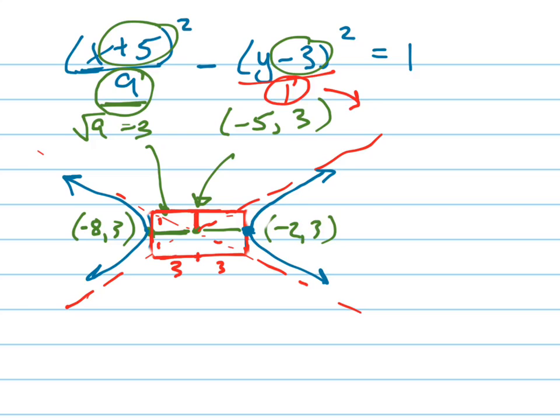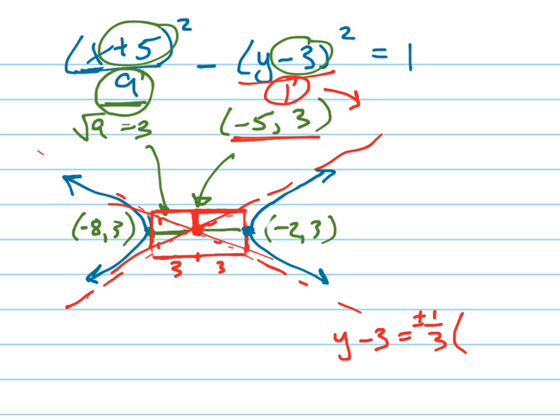there, and there. And so the equation of those asymptotes, you can write the equation of those lines right there by using point-slope form. The point is -5, 3, so it's y minus 3 equals the slope, which is up 1 over 3, 1/3, and it's going to be plus or minus 1/3 because you're going in both directions. See how the slopes are?